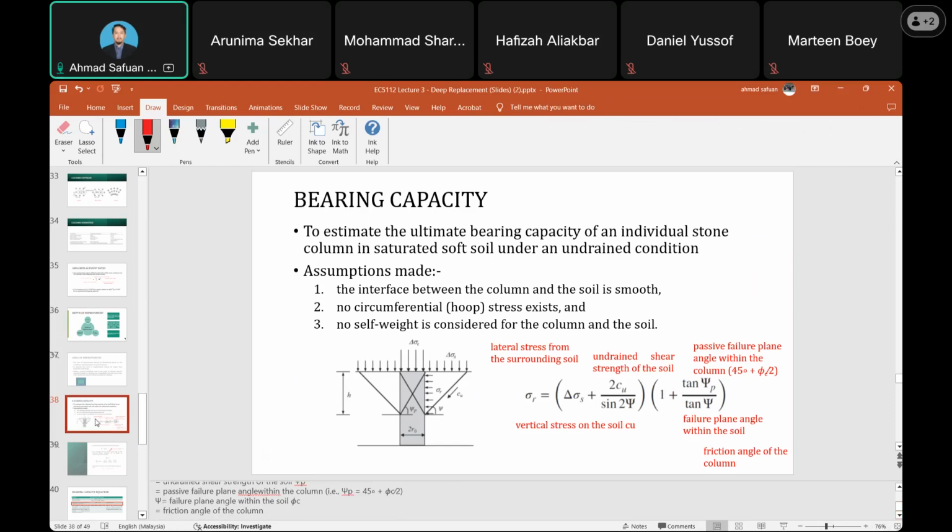So that is the equation used to determine the lateral stress from the surrounding soil.